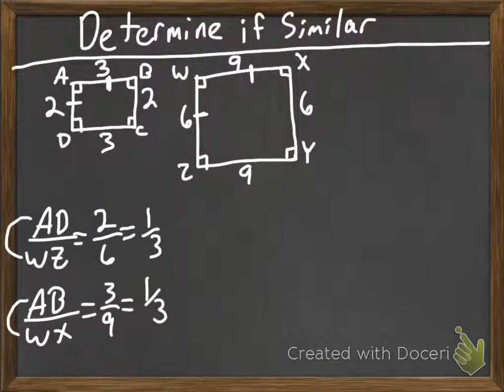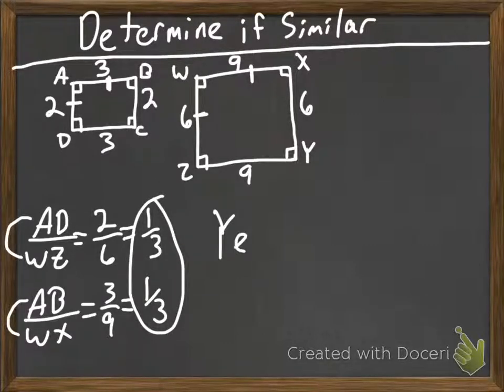And we see that we get 1/3 for each. So we can say yes, they are similar, and we can say that K equals 1 over 3. Or we could say that K equals 3. It'd be the same thing. It just depends on which way you go.